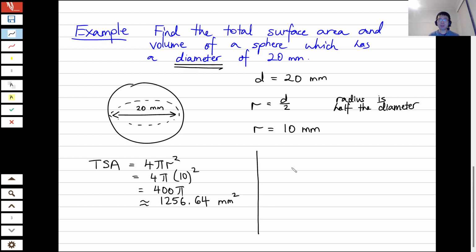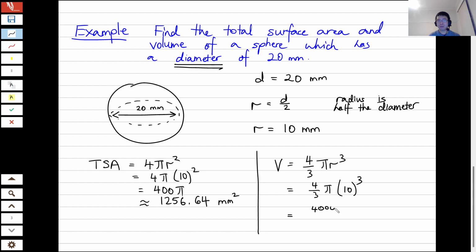Okay, the volume is given by 4 over 3 times pi r cubed. So I should write 4 over 3 times pi times 10 all cubed. 10 cubed is 1,000.